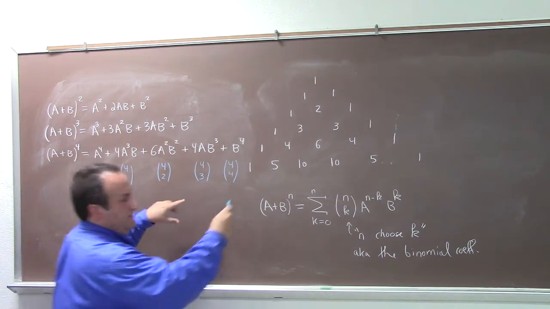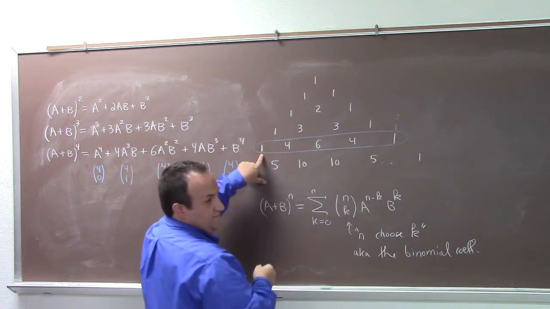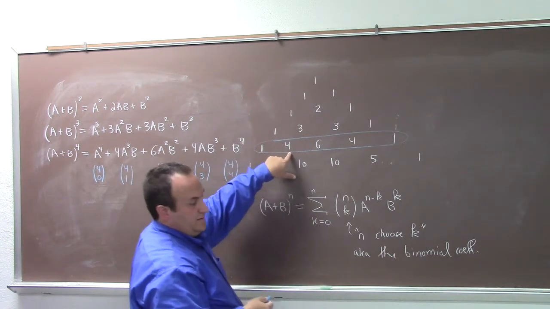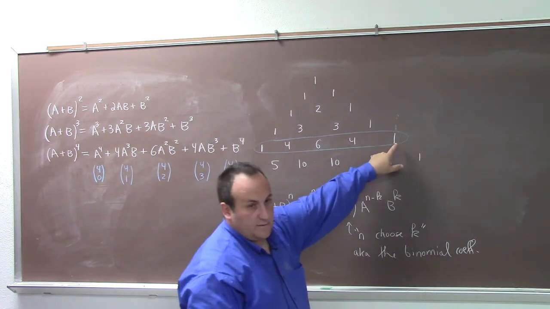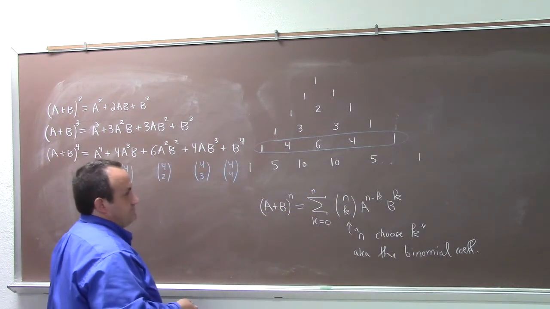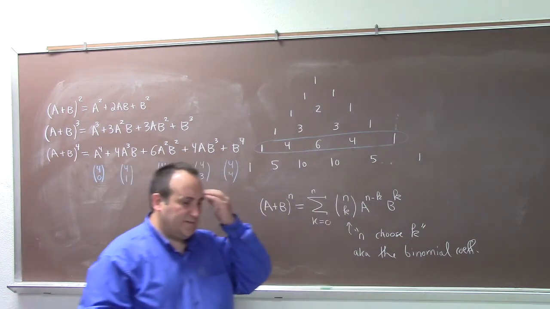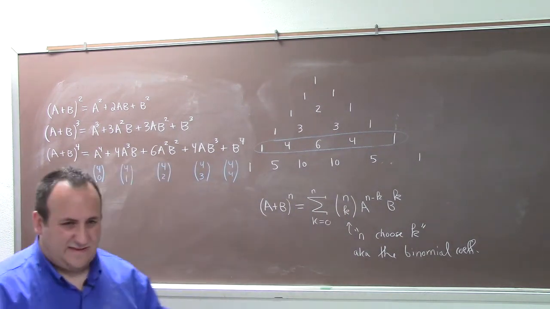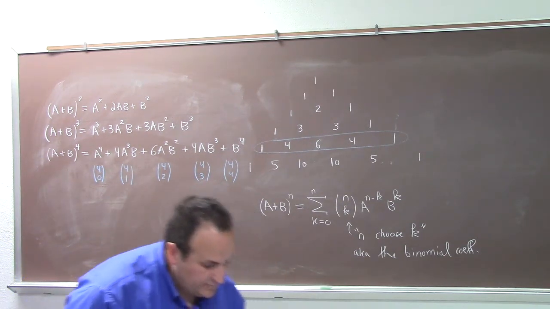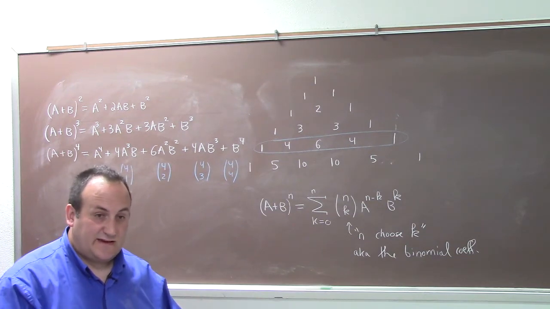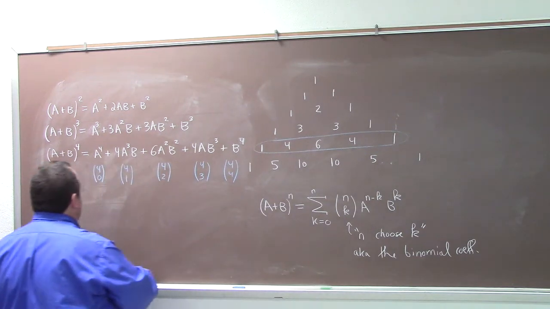So this row right here, that's 4 choose 0, 4 choose 1, 4 choose 2, 4 choose 3, 4 choose 4. There's also a formula for this n choose k in terms of factorials. Let me not say that at the moment. I don't remember it off the top of my head. I'll mess it up. Really, my point is you don't need to remember the formula because you can just read it off Pascal's triangle for the kind of small examples you'd be tempted to use this for.